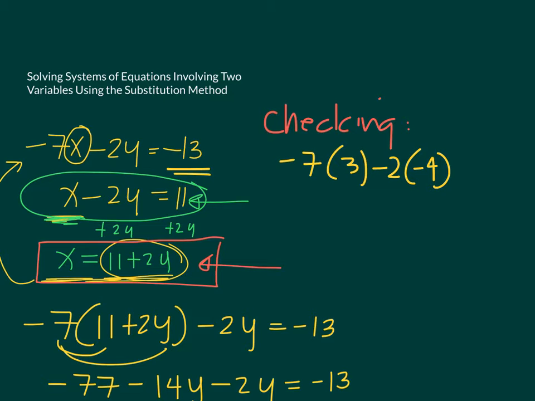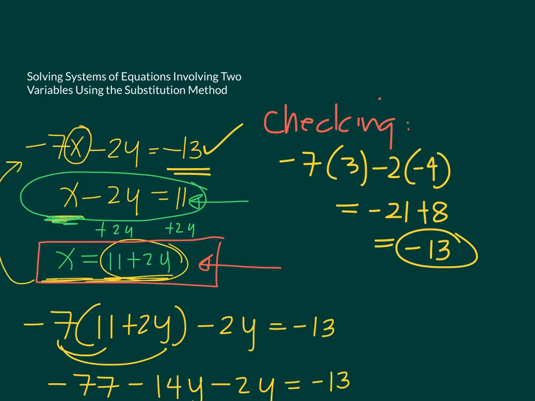We need to ensure that it becomes negative 13. So we have negative 7 times 3 is negative 21. Negative 2 times negative 4 is positive 8. When you add the two, it becomes negative 13. So it means x and y are the correct values for the first equation.